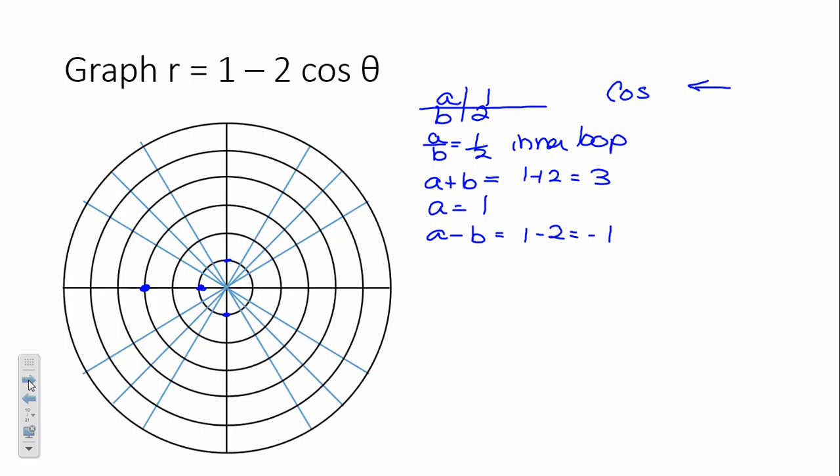So when you would graph this, that's how you do it. Just one nice fluid motion from the pole.